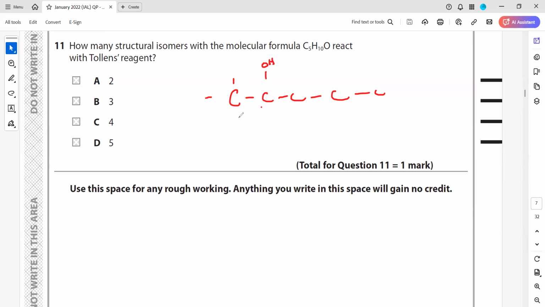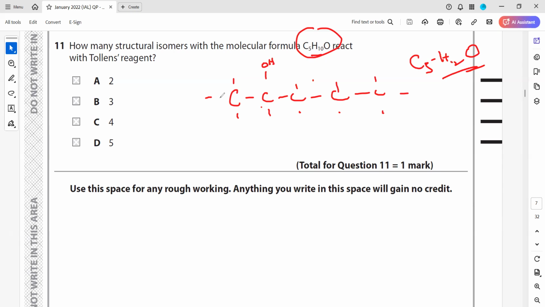Because we want C5, we can also check with the primary alcohol, since alcohols can also be oxidized by Tollens' reagent. But for 5 carbons, an alcohol would have 12 hydrogens, giving C5H12O, and the molecular formula is not C5H10O. So it cannot be an alcohol; it should be an aldehyde.